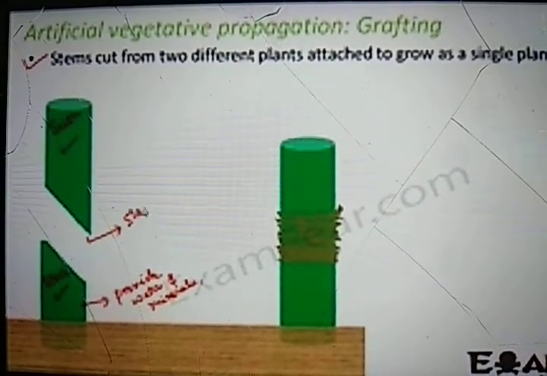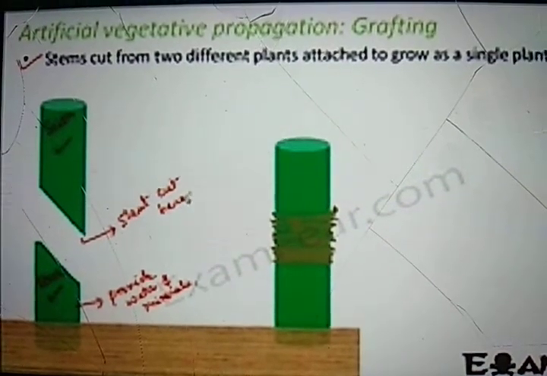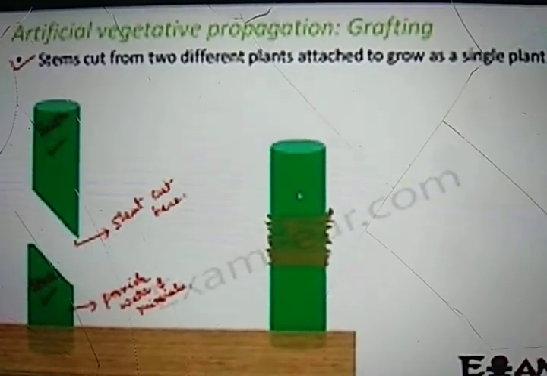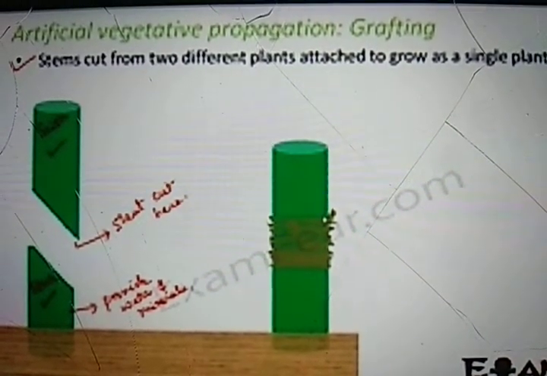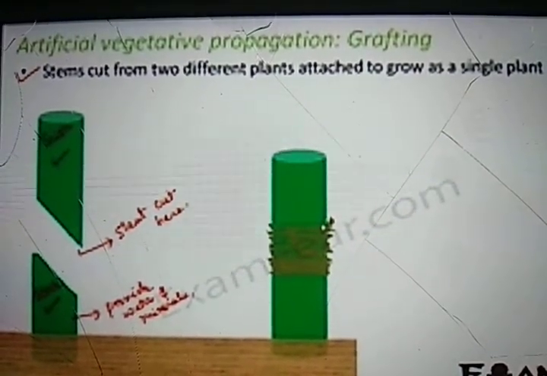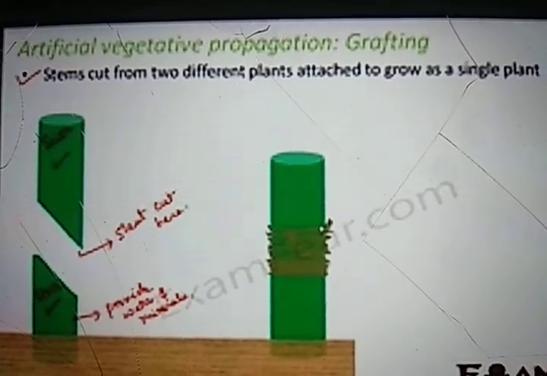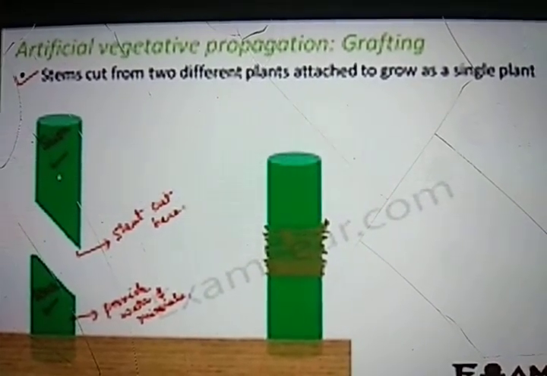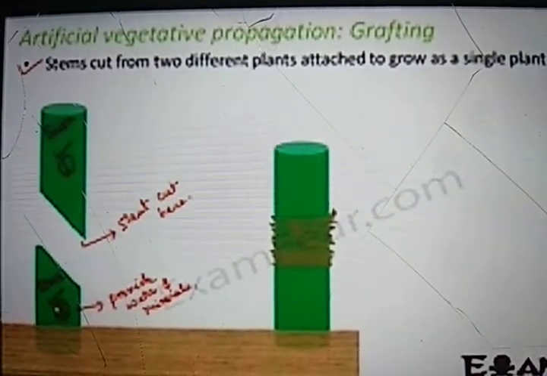So this slant cut actually helps in better fitting of both of these. You just bind them with something, maybe thread. So it is like one structure now, one single stem. And then as this plant grows, you have certain properties of plant 1 and certain properties of plant 2.